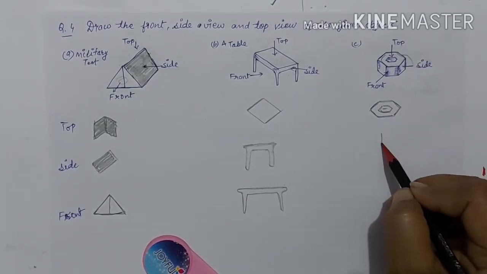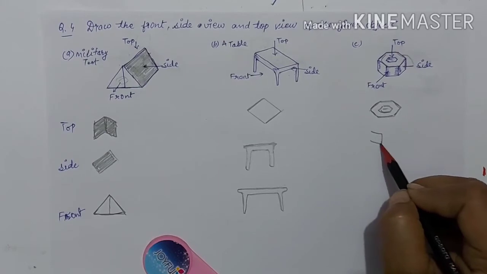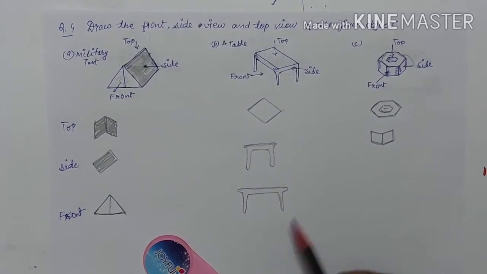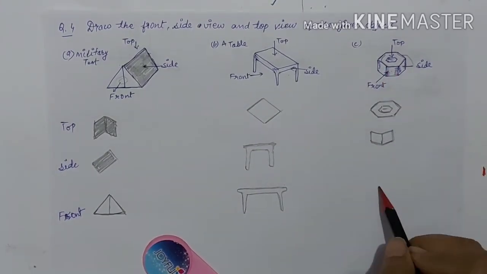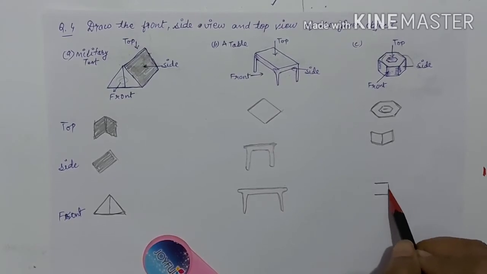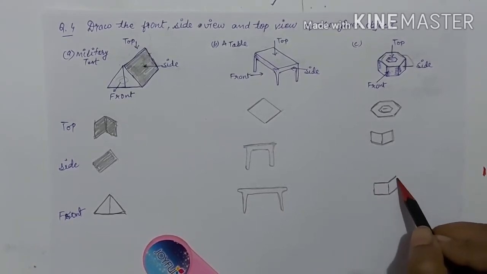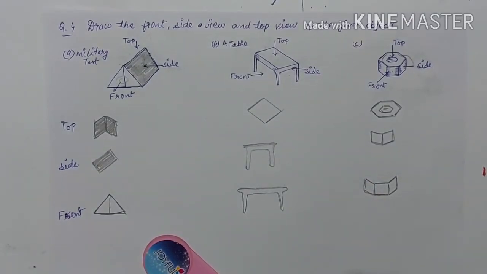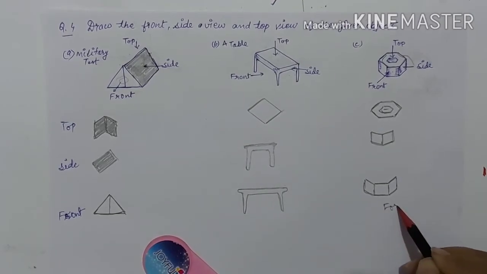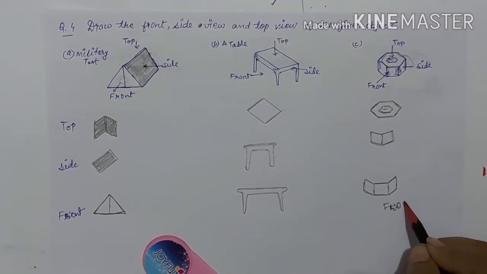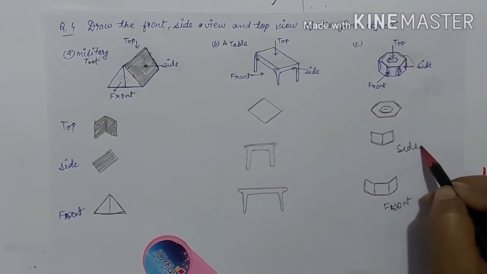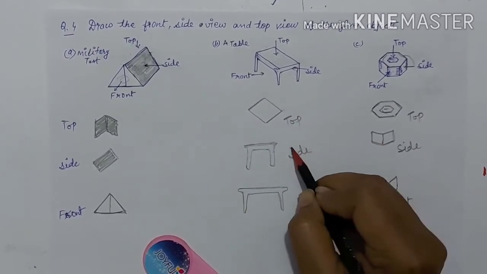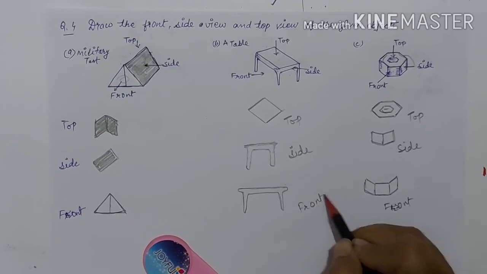You write this is the side, and front will show three parts, 1 2 3. Okay, this is the front view. This is the top, this side, and this is the front view of the nut.